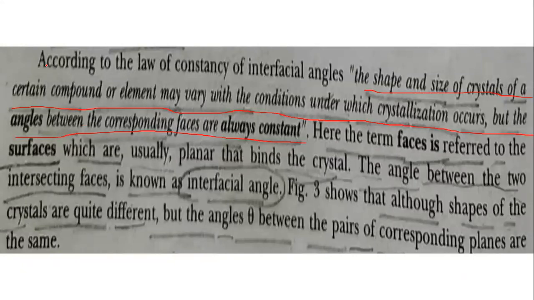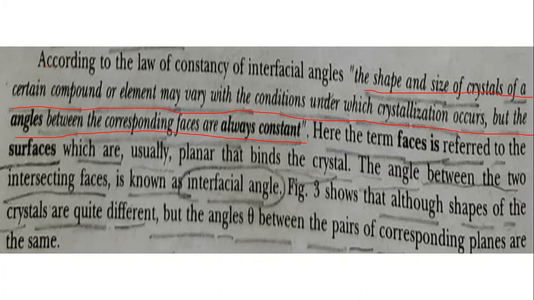According to the law of constancy of interfacial angle, the shape and size of a crystal of a certain compound or element may vary with the conditions under which crystallization occurs, but the angle between corresponding faces will always remain constant.